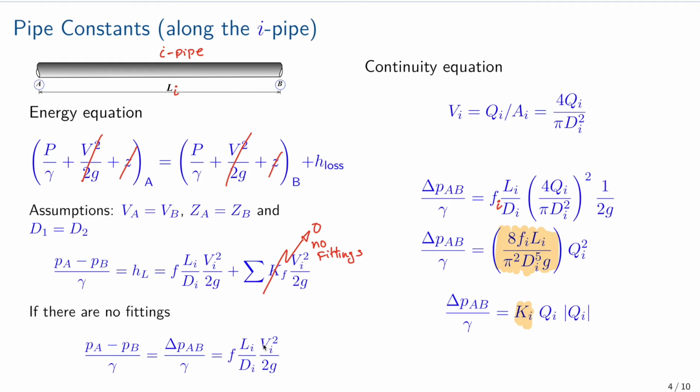This is the K of the pipe. I decided to use the same K that I use in most of the books. This K is defined as Ki equal to 8 multiplied by Fi multiplied by Li divided by pi squared di to the fifth and g. This is the K that we are looking for. This is the pipe constant.